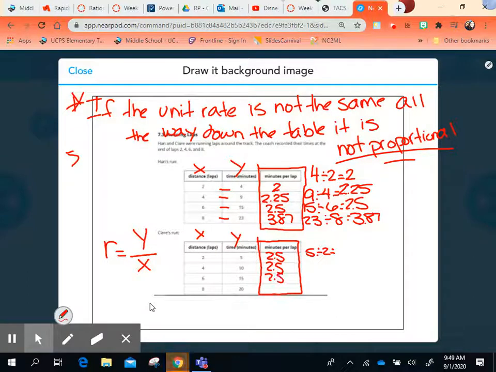If I do 20 divided by 8? 2.5. Perfect. So if I have the same number all the way down, is it proportional or not proportional? It's proportional. Perfect. So my second table, Claire's run, is proportional.